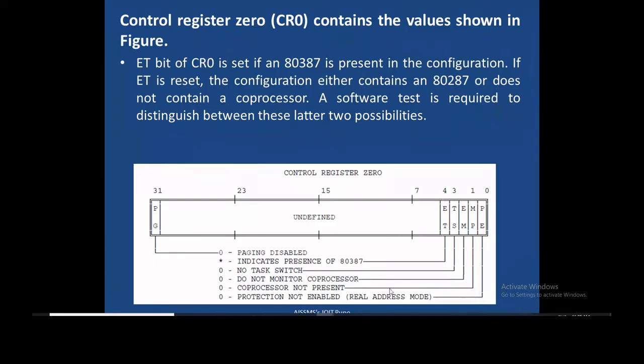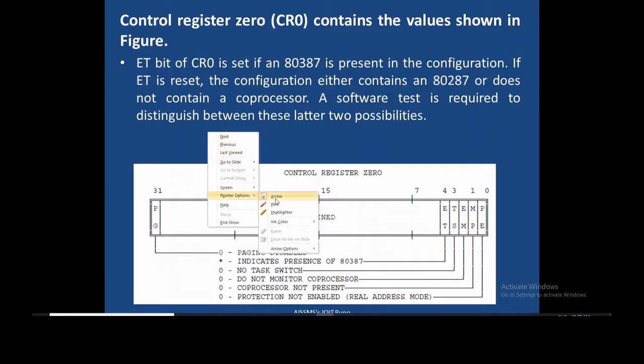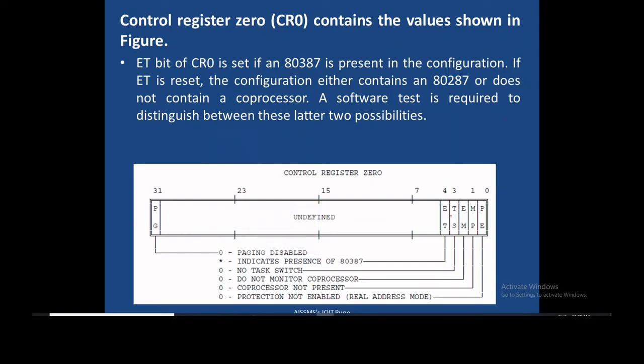Then the TS bit. There is a task switch bit in control register 0, and initially it is 0. The EM bit is also 0 at the initial point; that is the do not monitor coprocessor bit. Then there is the MP bit, the math processor bit.